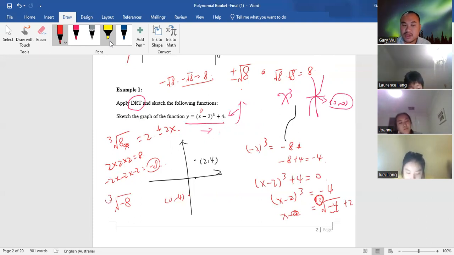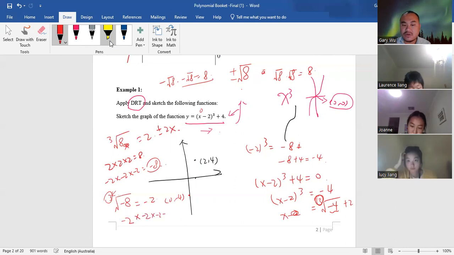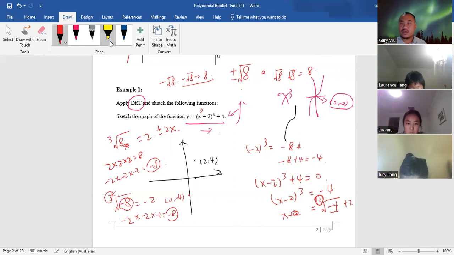It doesn't apply when the root is an odd number, because -2 times -2 times -2 equals -8. See, it's -8. So that's why it can be under the root if it's an odd number. Does it make sense? So this is the answer.